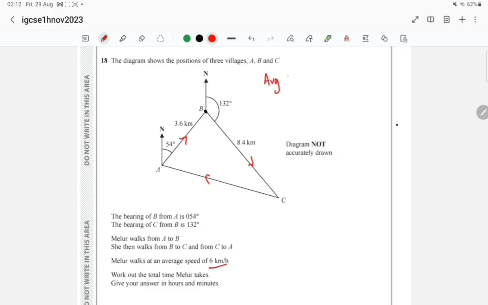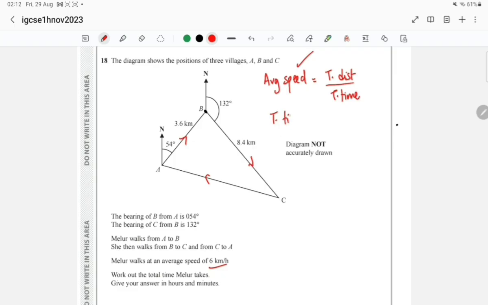So we know the formula for average speed, right? Average speed is equal to total distance divided by total time. In this case, I have average speed. It says find the total time that Melu takes. Now I can find the total distance over here because two of the distances are given to me, which are 3.6 and 8.4. Let's try to write everything that we know in this formula, right?